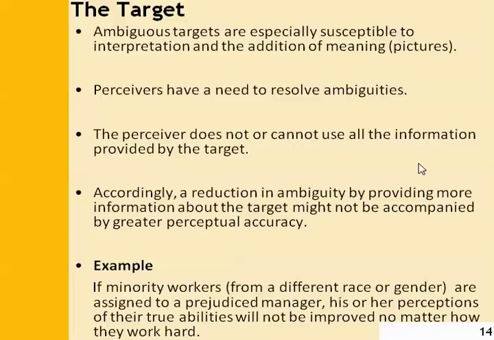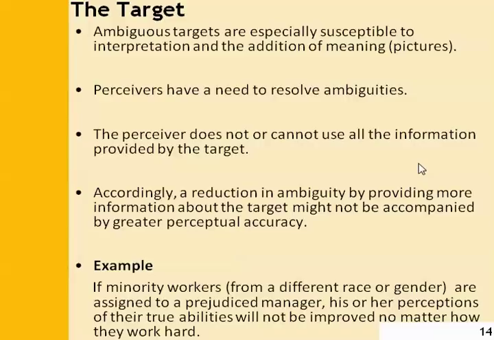Okay? فهما minority. مادام هو manager متحامل أو متعصب، most probably his or her perceptions of their true abilities، يعني manager's perceptions of the true abilities of the minority workers will not be improved no matter how they work hard.